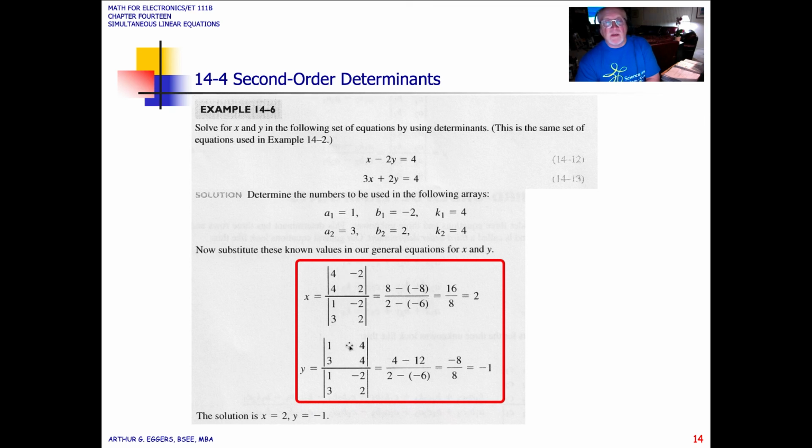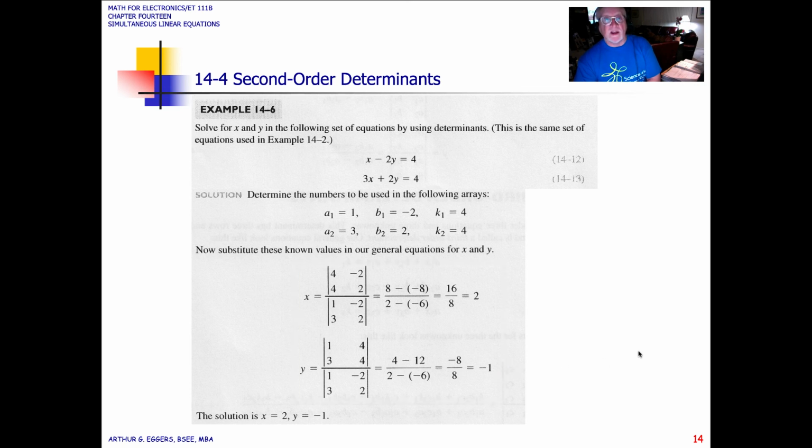We do the same thing for the y values, and we end up with a value of 16 over 8, or 2 for x, and minus 8 over 8, or minus 1 for y. So you can see we came up with the same exact solutions that we arrived at in our previous examples.